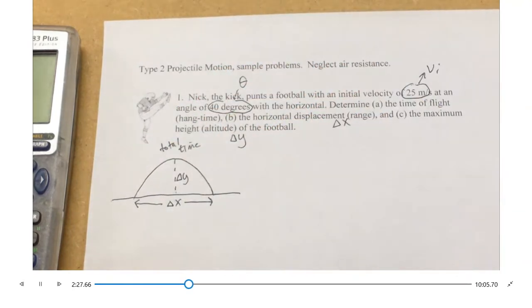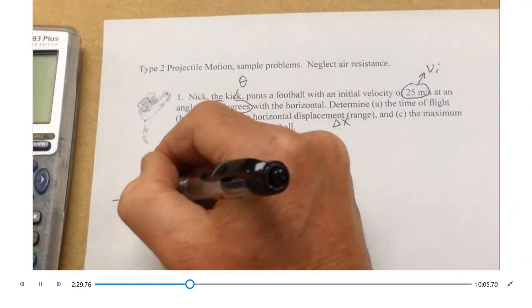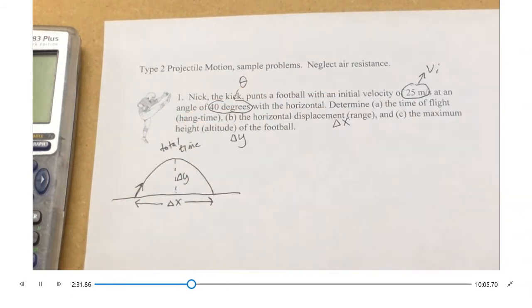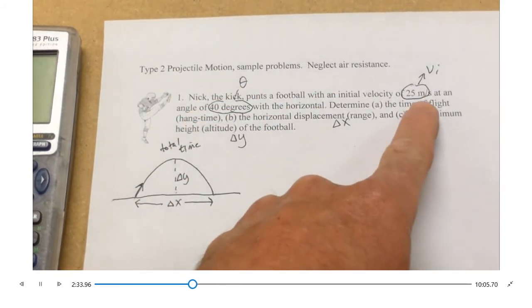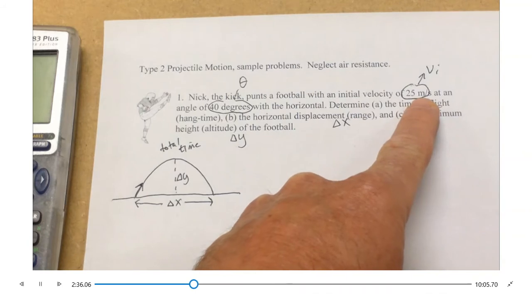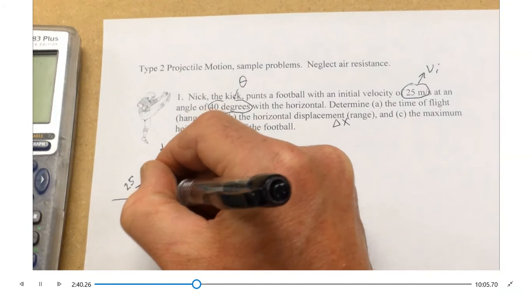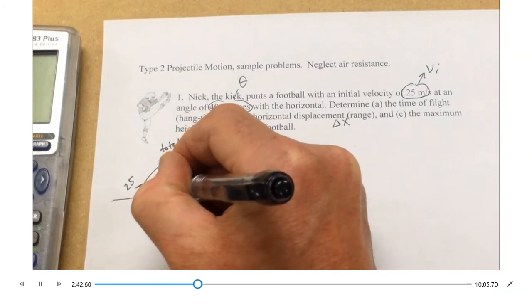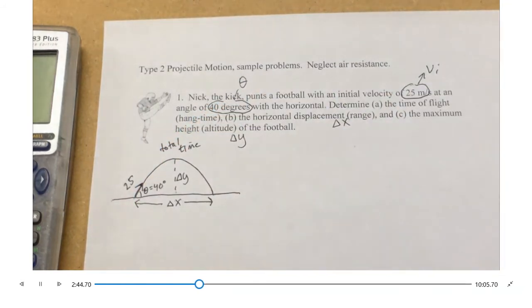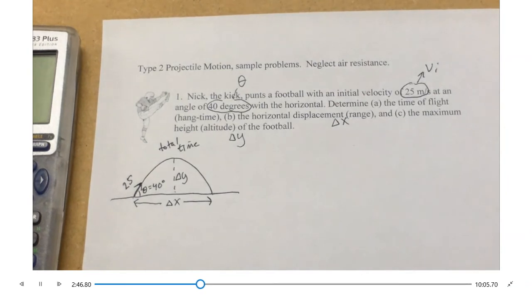We know how fast the ball's being punted, 25 meters per second, at an angle of 40 degrees, our theta. That's really all we know, but we're still going to be able to solve the problem.